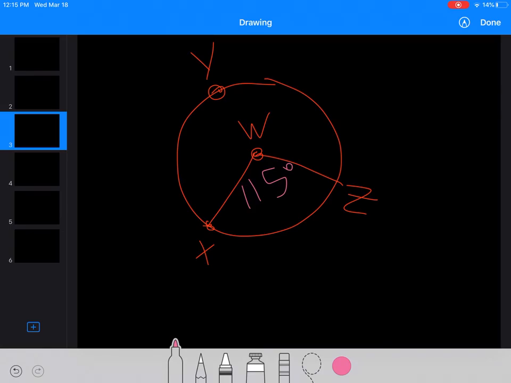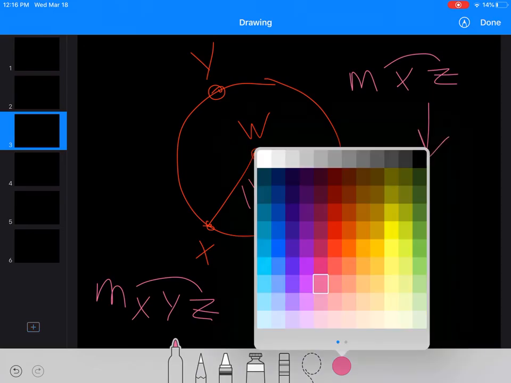So there's a couple questions here. First question is, what is the measure of XZ? And the other question we'll put down here. So what is the measure of arc X, Y, Z?